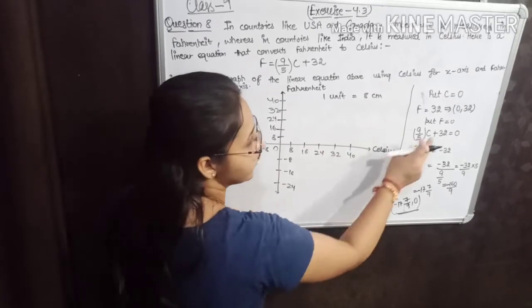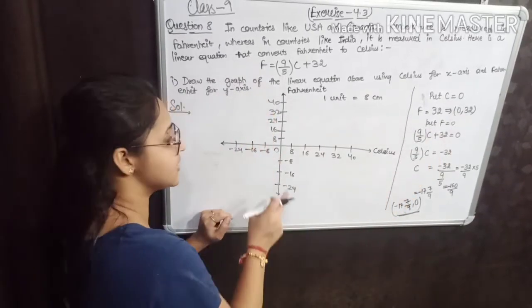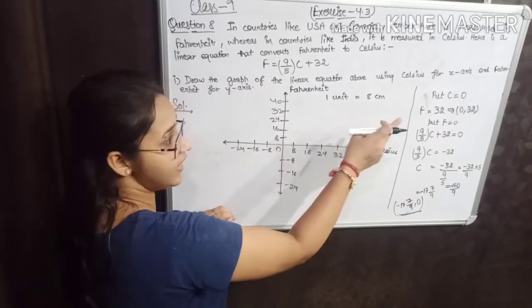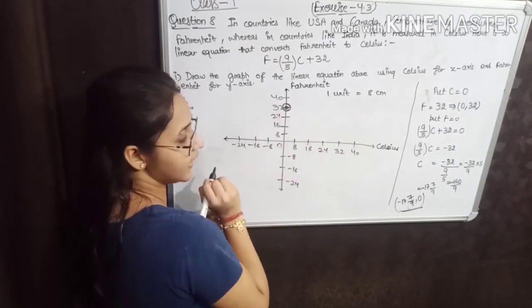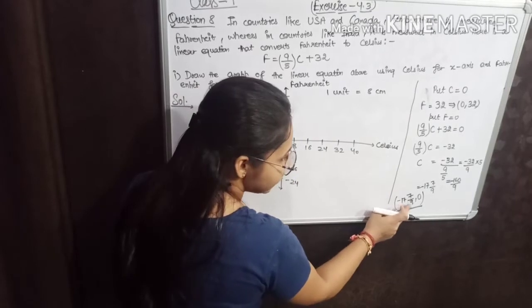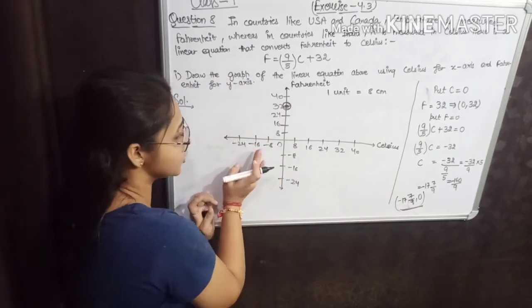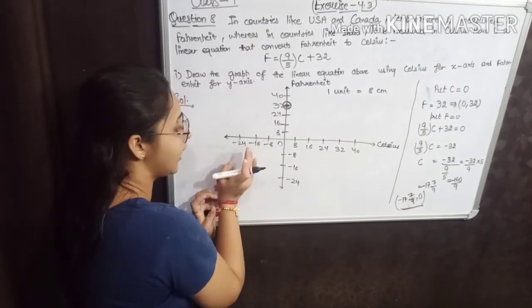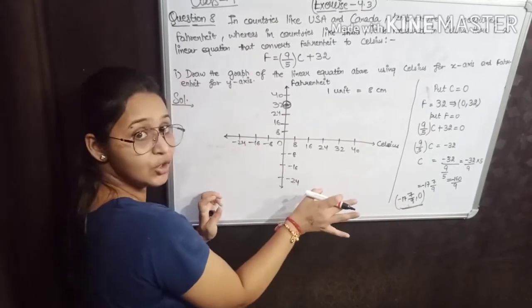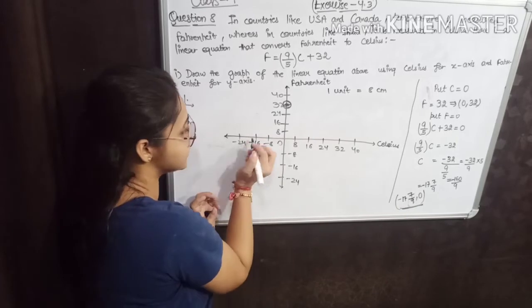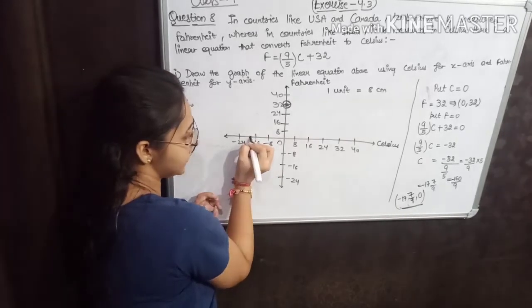Where is the first point? 0, 32. It means x is 0, y is 32. Point is here. Second point is minus 17 point something. It means it will be greater than minus 16 and it will lie in between these two, and y is 0. It means it will lie on x-axis. So let the point be here.